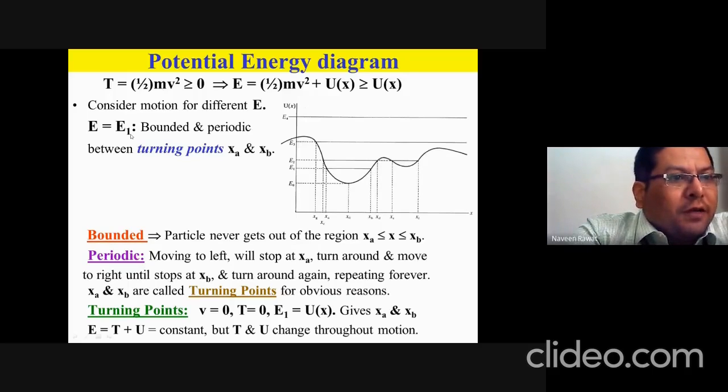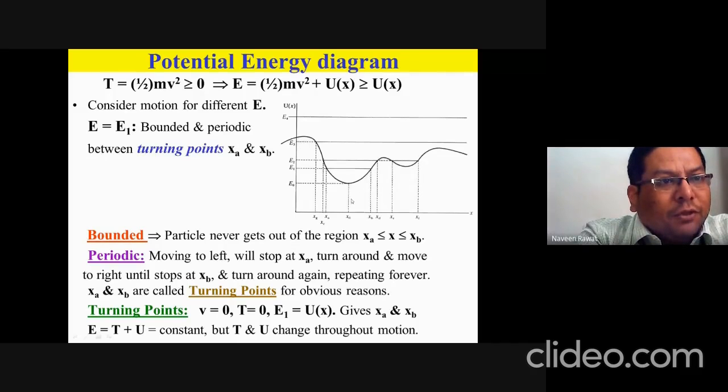Looking at this curve, if there is a particle or just a marble and you leave it at E1 and let it go, it will oscillate back and forth about this mean position x0. For a situation like this, where the particle cannot escape this potential function, we call it a bounded function.